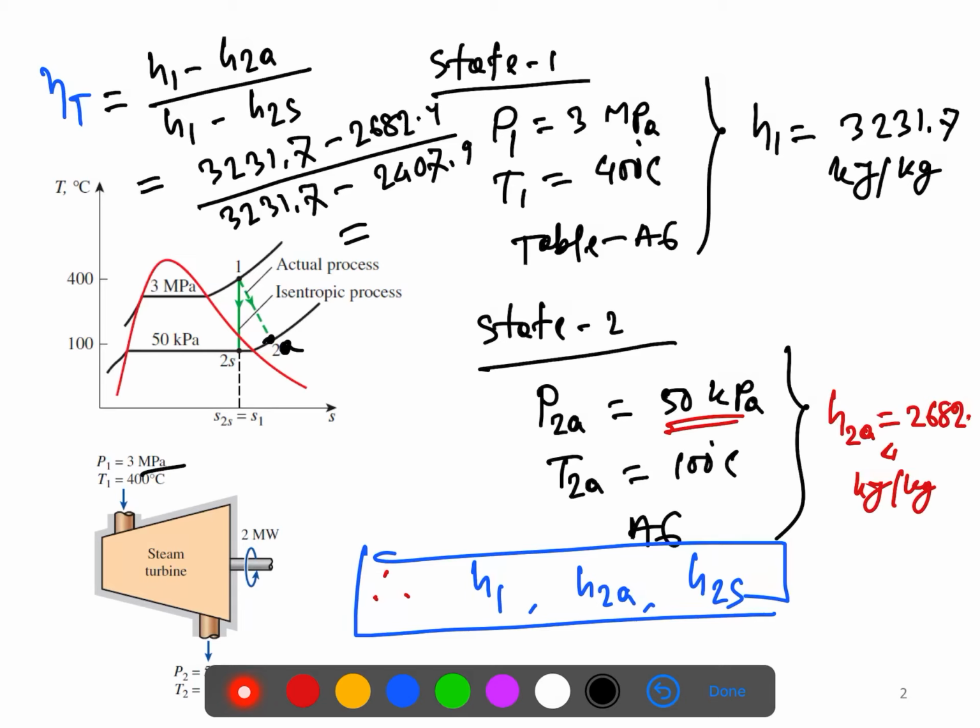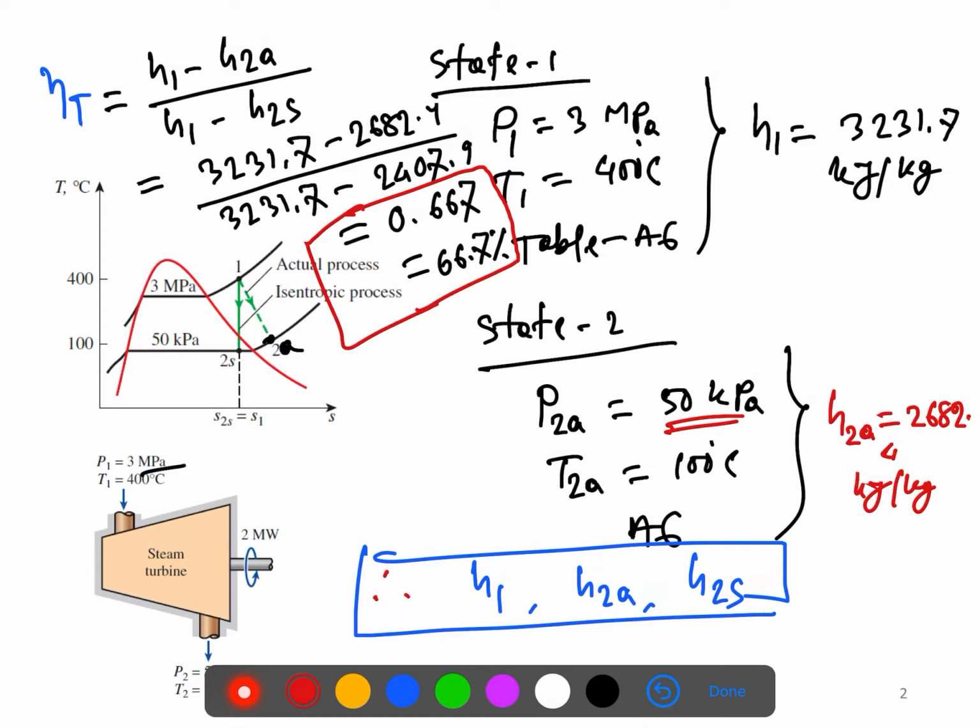So we will get the efficiency is 0.667, or you can say 66.7%. So this is actually the efficiency of the turbine.